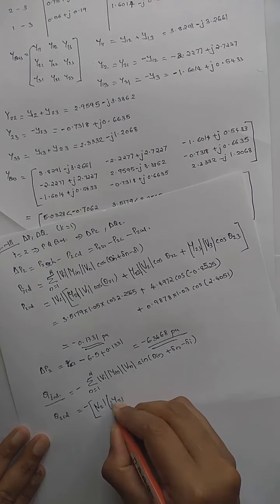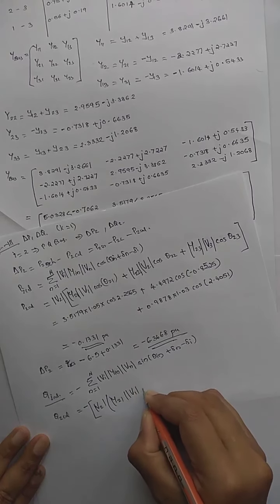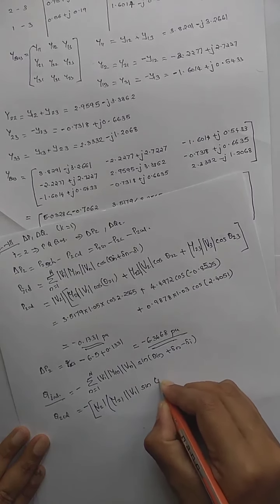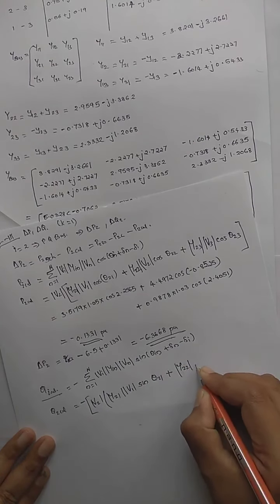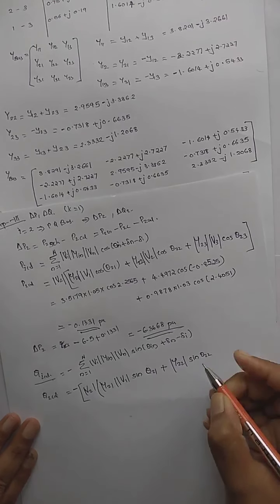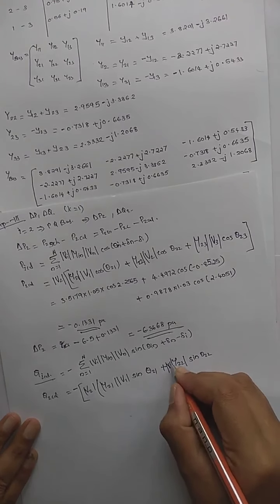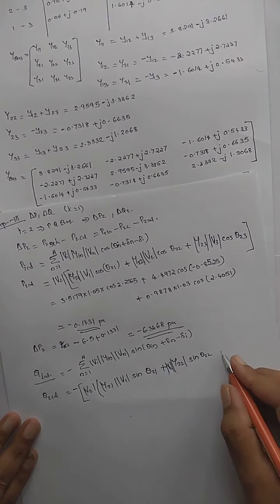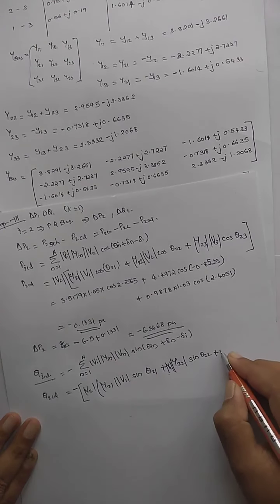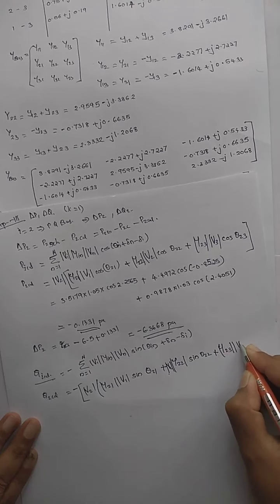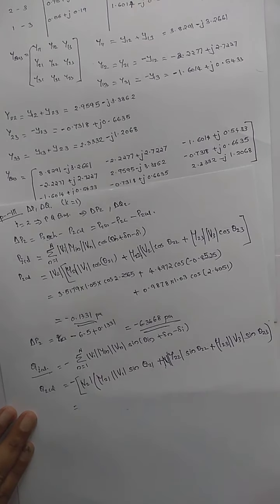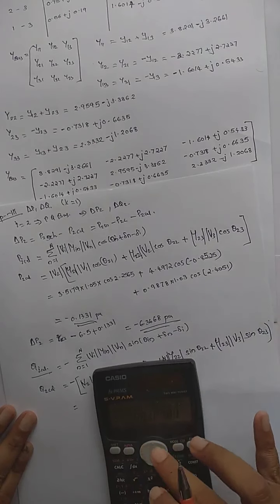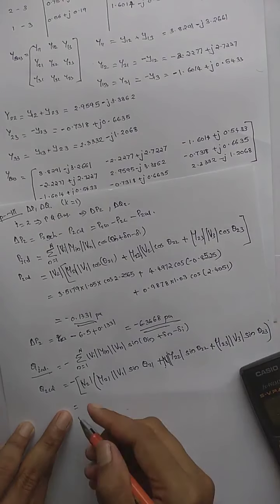V2 Y21 V1 sin theta 21 plus Y22 sin theta 22, V2 is also there, V2 Y22 sin theta 22 plus Y23 V3 sin theta 23 value. This thing I have to do and find out our value. Okay, so the same equation only we have, so I have to substitute it.